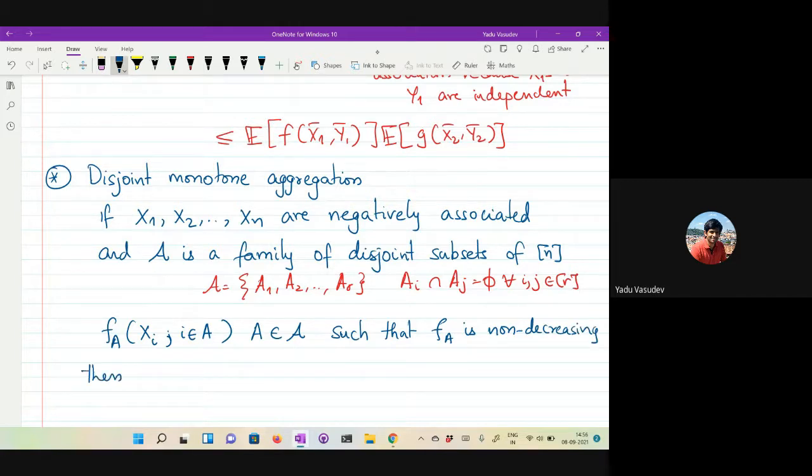Then this collection of f sub A's are negatively associated.